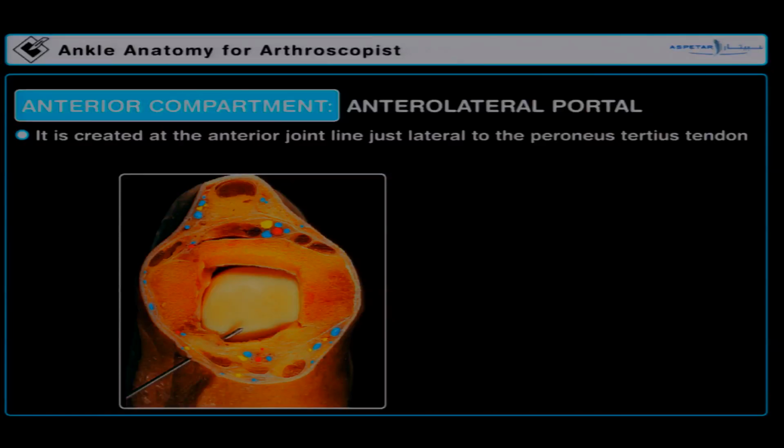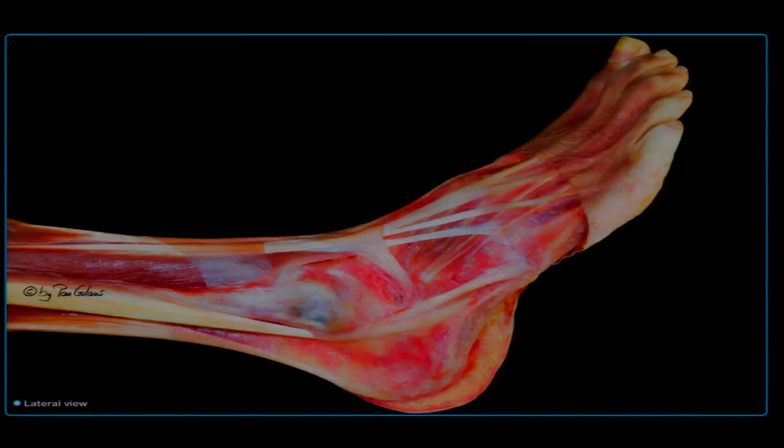The anterolateral portal is created at the anterior joint line just lateral to the peroneus tertius tendon. The peroneus tertius tendon we can consider a constant tendon. It's a constant muscle. It's easier to see than not to see. This is the peroneus tertius.